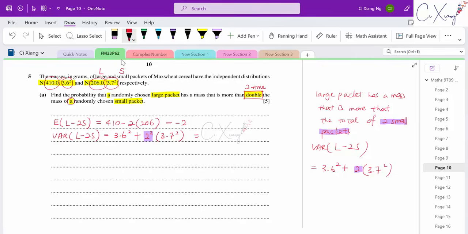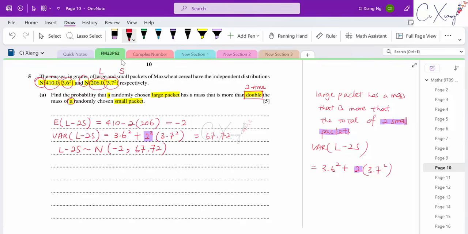The value of variance should be 67.72 if you didn't get any careless mistake. Then I will rewrite my L minus 2s variable. My L minus 2s variable will be normally distributed because both are originally normal. So when you're having the linear combination, it is also normally distributed. The mean is negative 2 and the variance is 67.72.